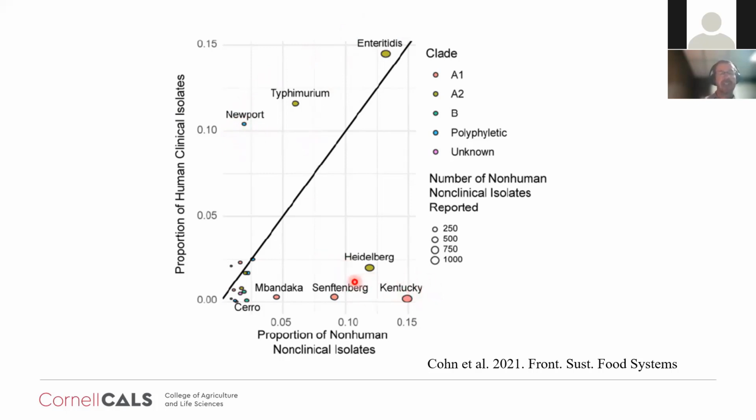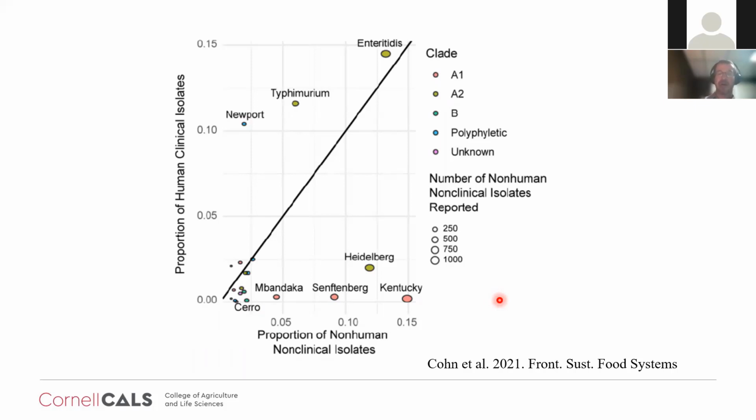On the other ones, the strains here, like Kentucky, very frequent in the databases among non-human, non-clinical isolates, but very infrequent among human cases. Similar for Senftenberg, Bredeney, and Sero. So this will be the epidemiological evidence as detailed before.